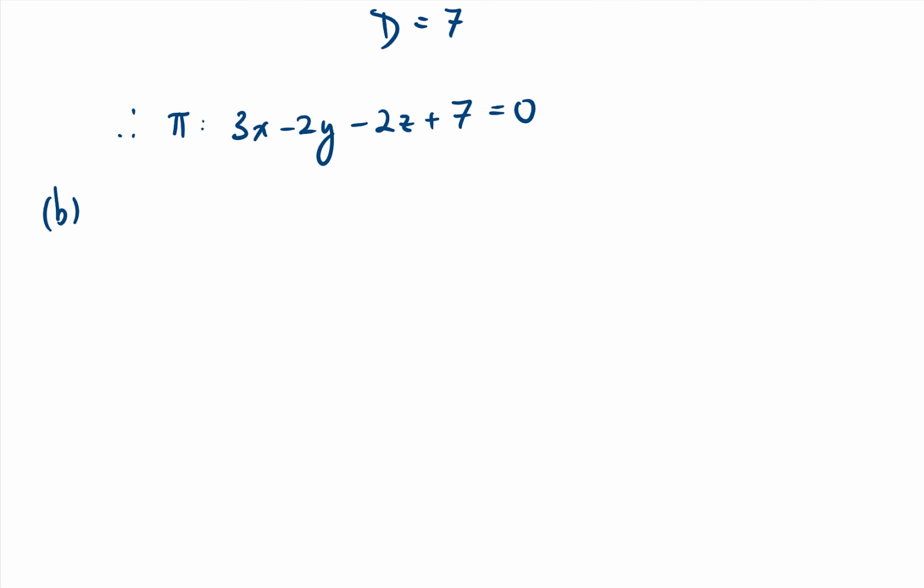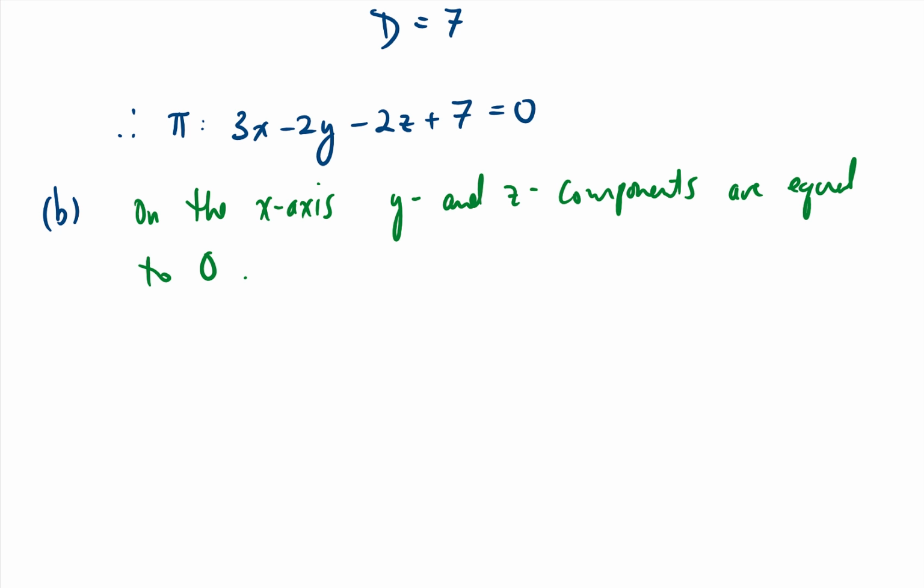So part B, determine where the plane crosses the x-axis. On the x-axis, we know that y and z are 0. Using this information, we get 3x minus 2 times 0 minus 2 times 0 plus 7 equals 0.